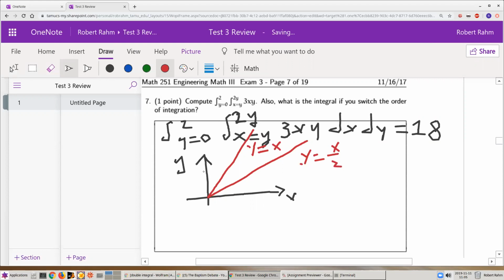Okay, and we're going to integrate up to the line y equals 2, which is this line right here. Now if we want to switch the order of integration, this means that we want the y integral first, as the inner integral. Notice something aggravating is going to happen here.